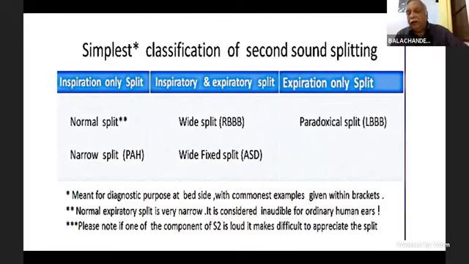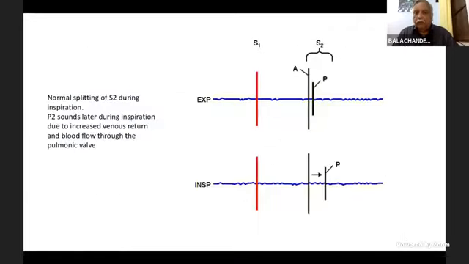If it's an inspiratory and expiratory split, it is a wide split, like in right bundle branch block. It could be fixed, like in ASD, or it could just move. But when the split is only in expiration, in inspiration it is not heard, then definitely it's a paradoxical split. And paradoxical split is the one which always gives a little trouble in severe AS. Remember, it will be only on expiration. So that is one thing.